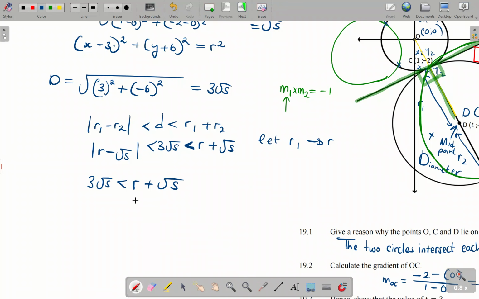So now take this one to the left. You have 3 square root of 5 minus square root of 5, which is less than R. Let me take out my calculator and see 3 square root of 5 minus square root of 5. This will give you 2 square root of 5 there.